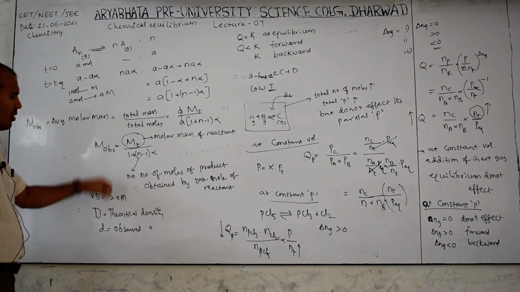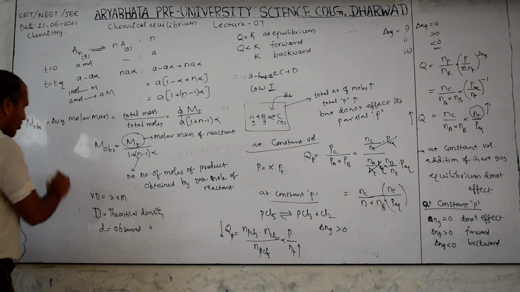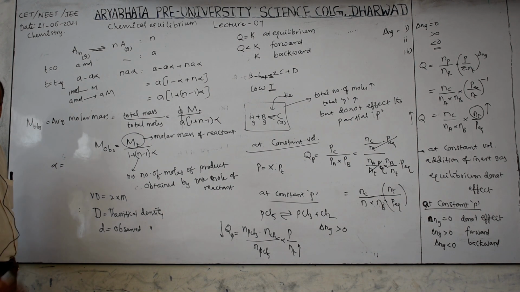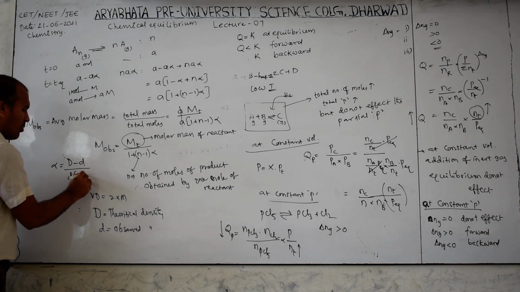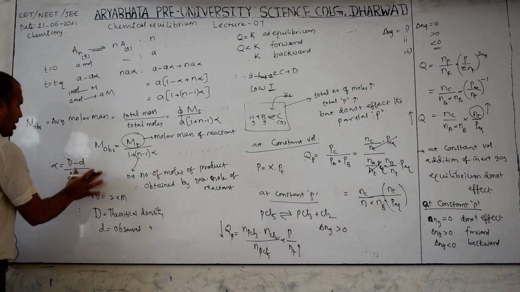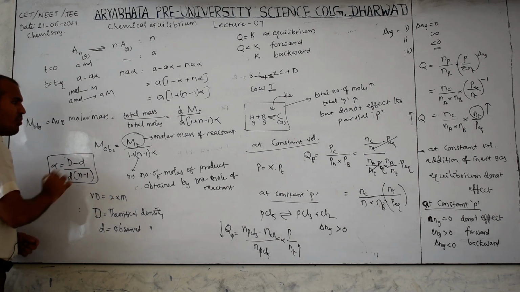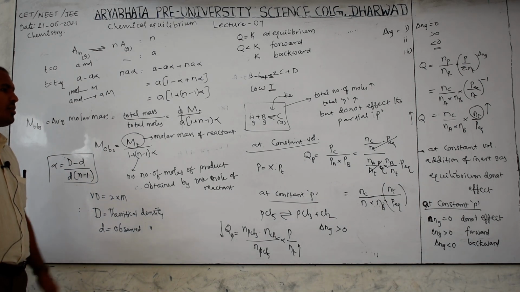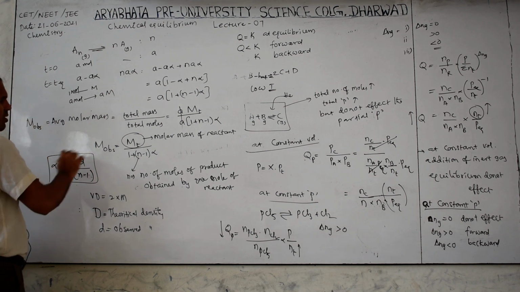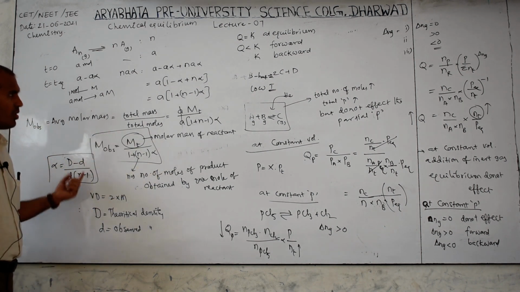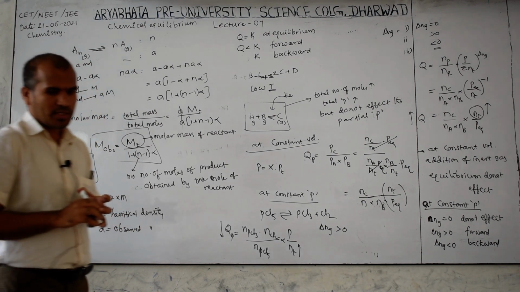Apply in this one, then you will get the formula alpha is equal to (D minus d) by d into (n minus 1). This formula they may ask in the examination directly, this one and this one. So remember, with respect to this, all the equilibrium concept part is completed.